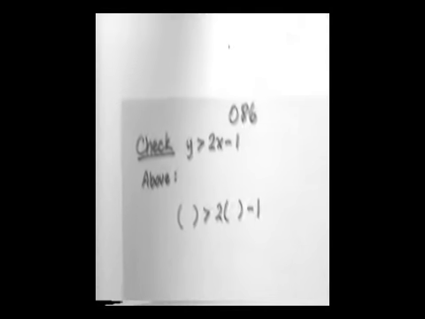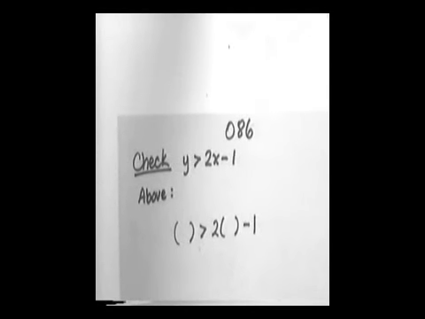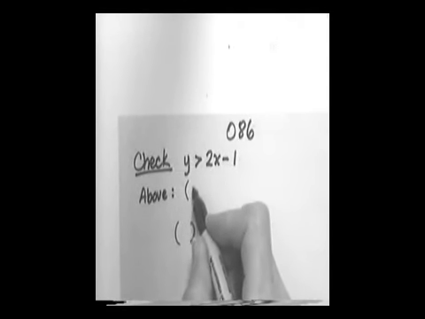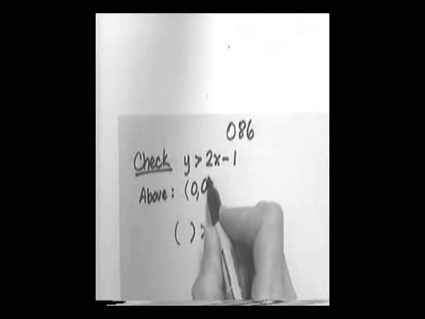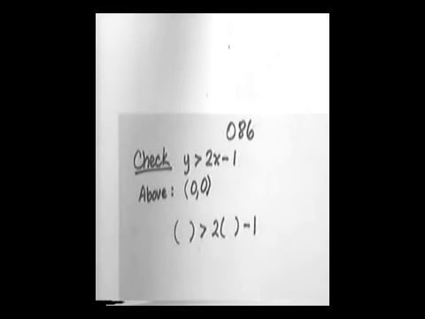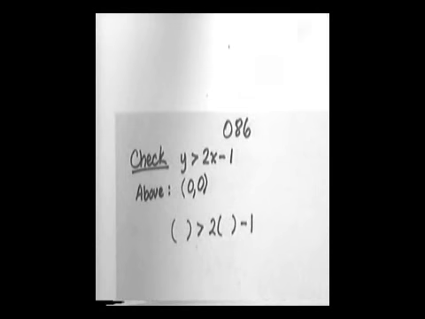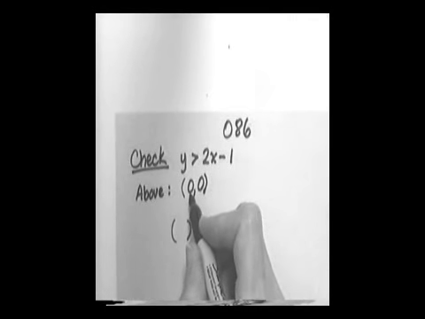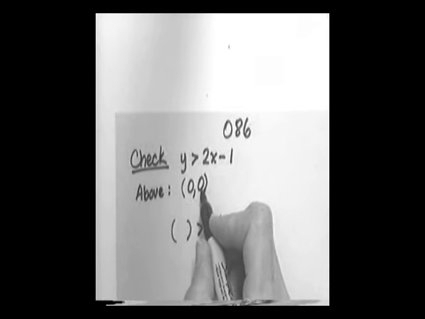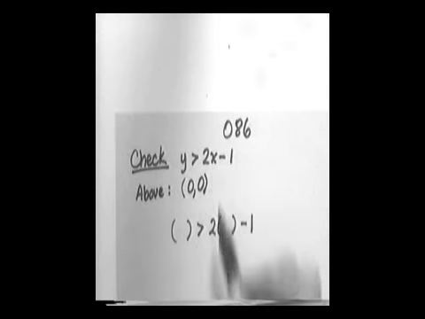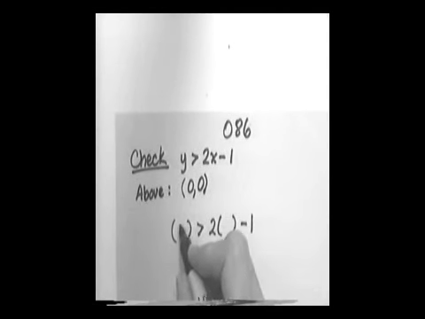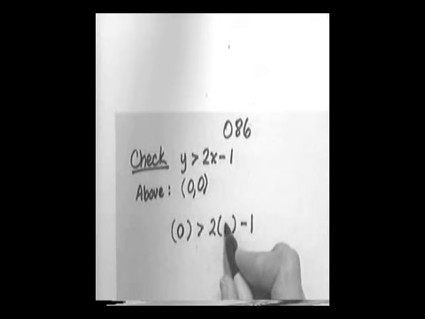So we're checking y is greater than 2x minus 1. The point that is above will be 0, 0. The x value is 0, the y value is 0, so when we fill in the values for y, we fill in 0, and for x, we fill in 0.